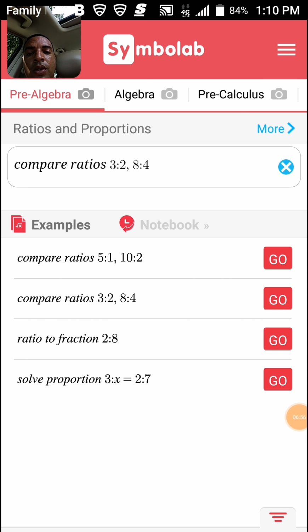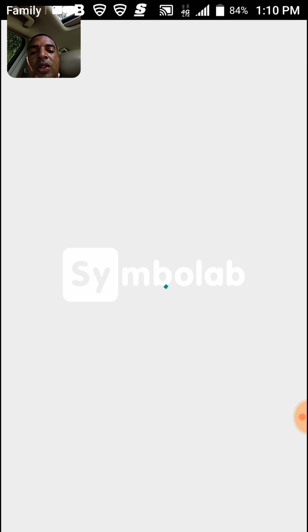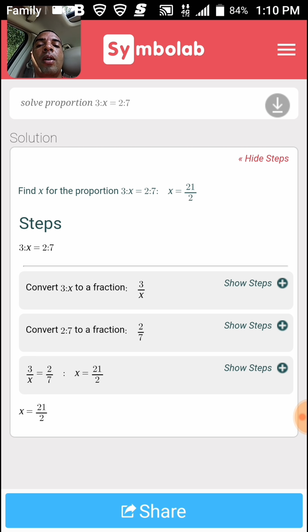Okay, let's try to solve a proportion. FYI, all of these questions are based on fractions. Proportions are fractions, and when you're comparing ratios, they're also fractions. So we have to solve the proportion 3 to x equals 2 to 7.